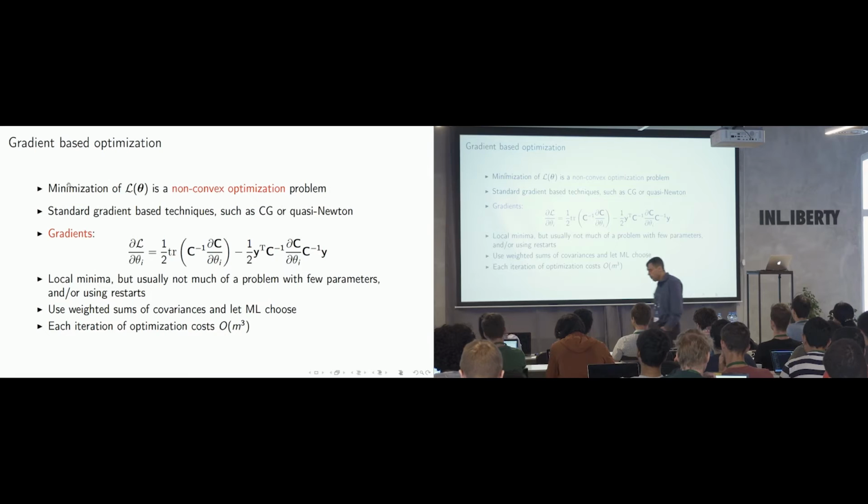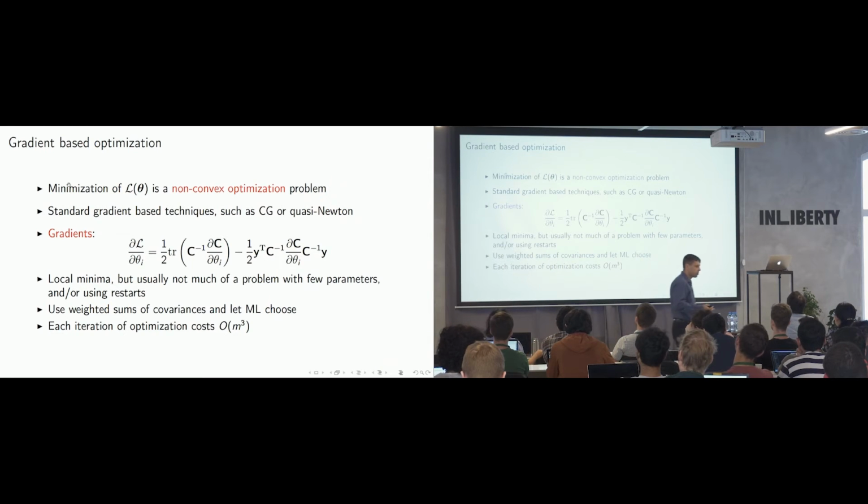Moreover, thanks to the explicit formula, I can even obtain explicit formulas for gradients of the minus log likelihood with respect to all unknown parameters. And so I can use gradient descent to optimize this minus log likelihood.